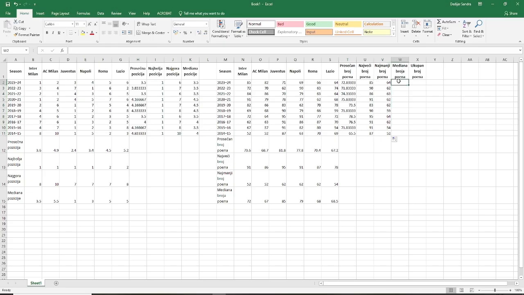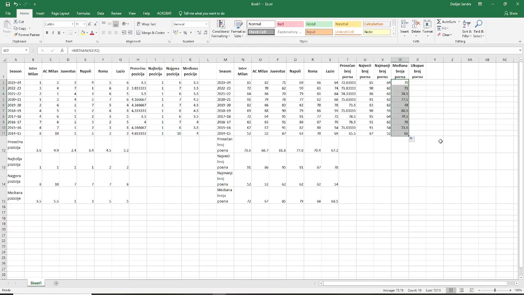Now we'll calculate the median number of points for the 2023-24 season by applying the formula median, so equals median, from N2 to S2. We will apply the formula to the other seasons by dragging.